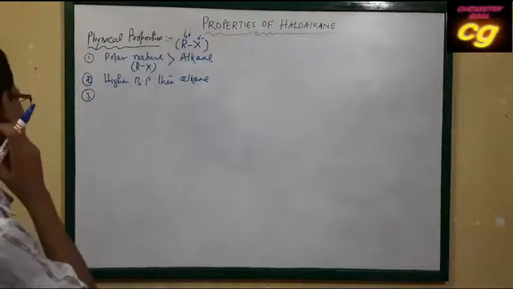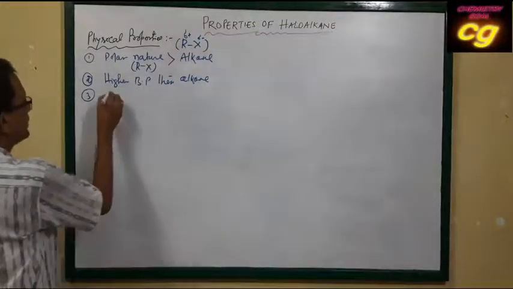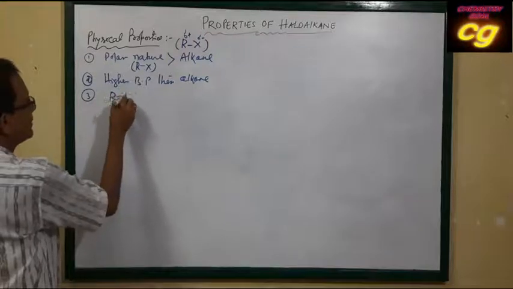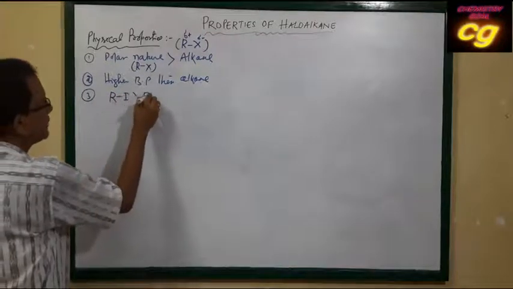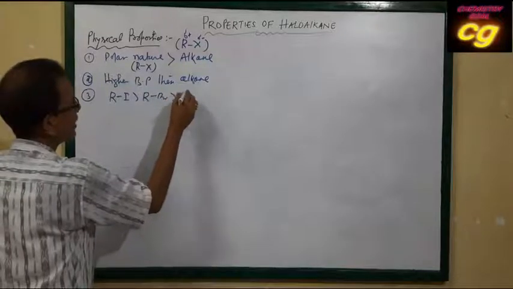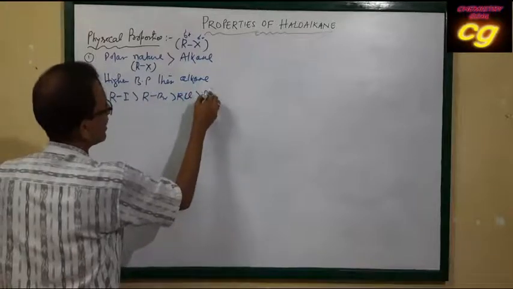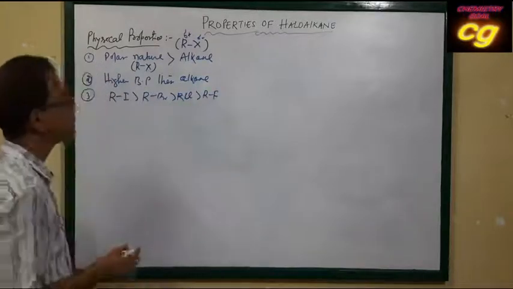The boiling point order depends upon the halogen: RI greater than RBr greater than RCl greater than RF. This is the order of boiling point.